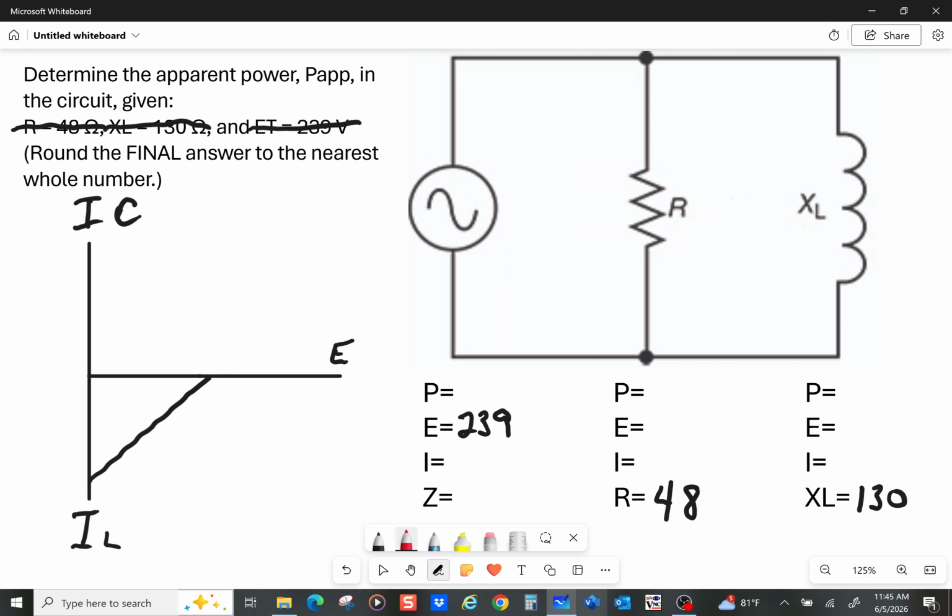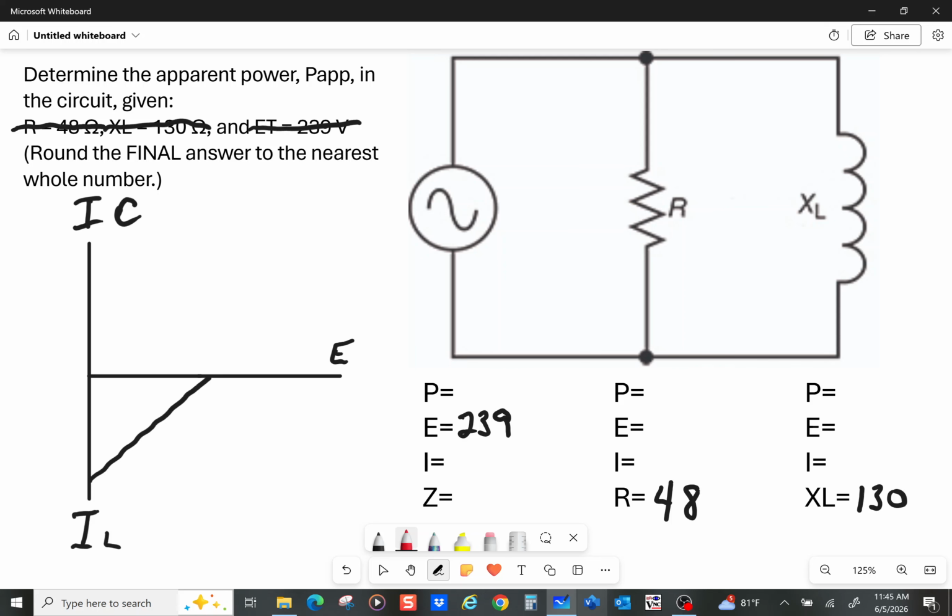Okay, so just like always, this isn't like a series circuit where I can use my impedance triangle, because we know that in parallel, my impedance in this question is going to be lower than 48 ohms, because it is the lowest ohms value that we have. And just like DC theory, in a series circuit my impedance is going to be higher than the highest value, and in parallel, the impedance is going to be lower than the lowest value.